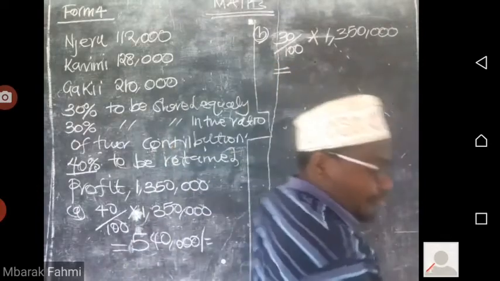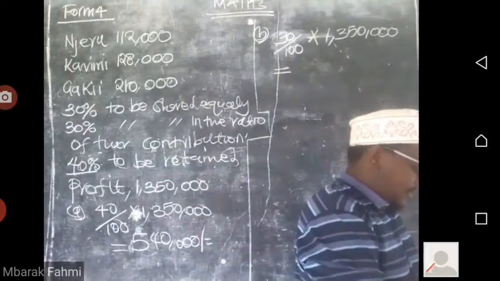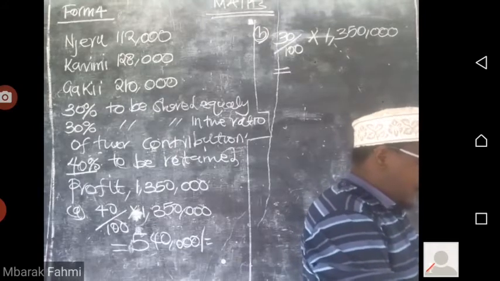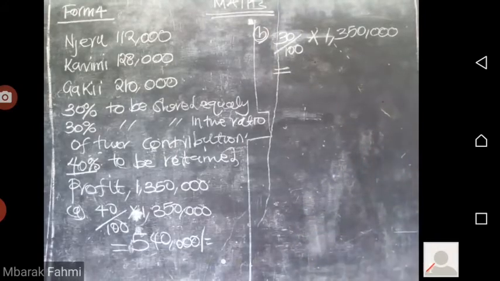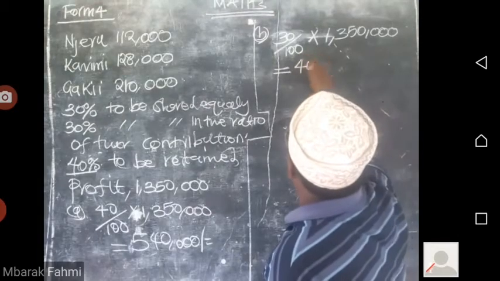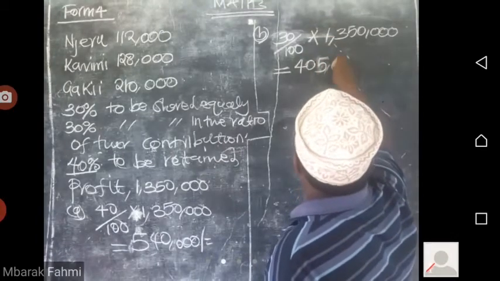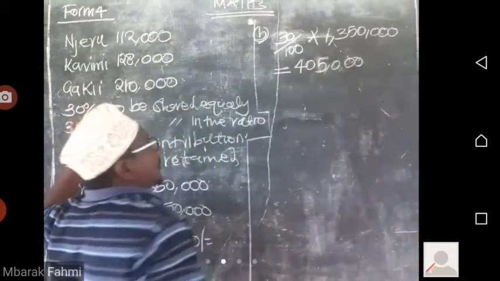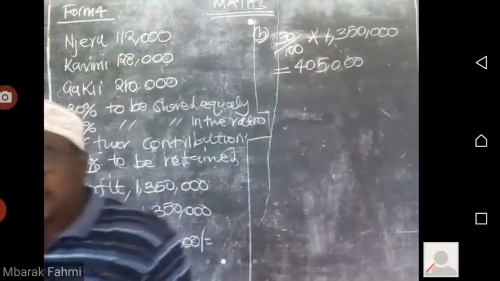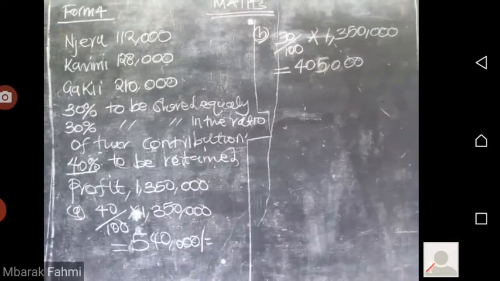So this is going to give us 405,000. So 30% is 405,000, which the first 30% was shared equally.